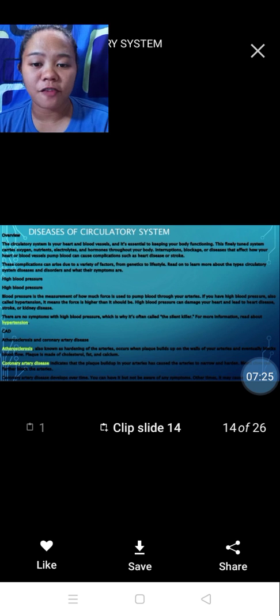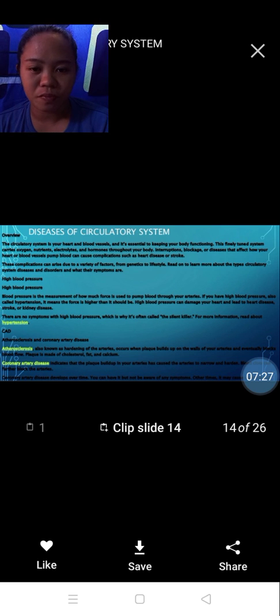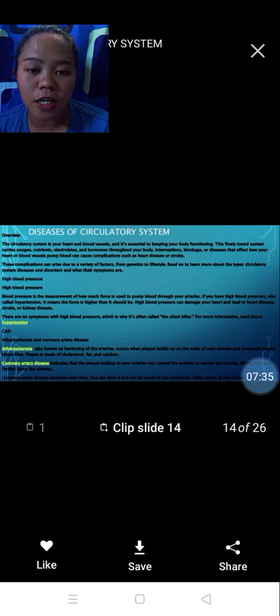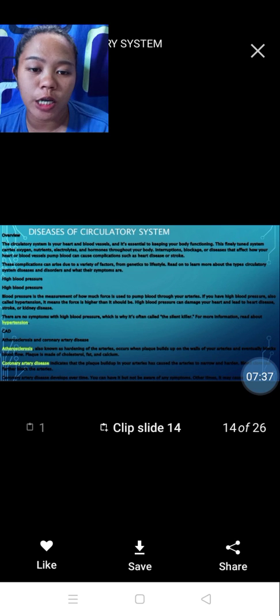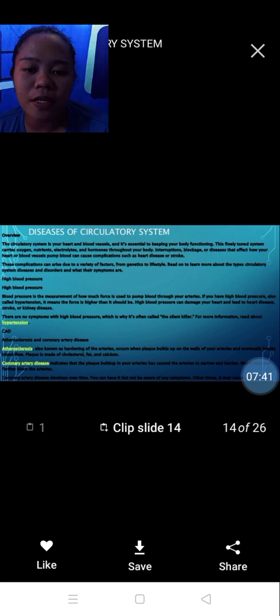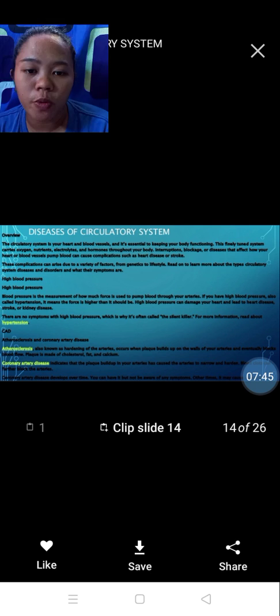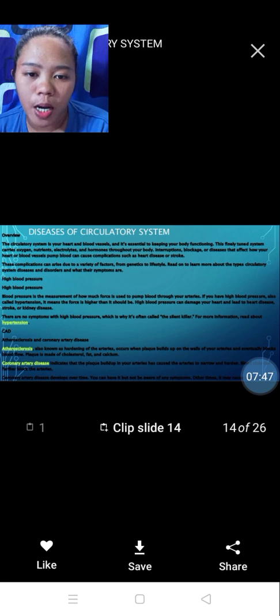So, diseases of the circulatory system. We have here the overview. The circulatory system is your heart and blood vessels, and it's essential to keeping your body functioning. This system carries oxygen, nutrients, electrolytes, and hormones throughout our body.